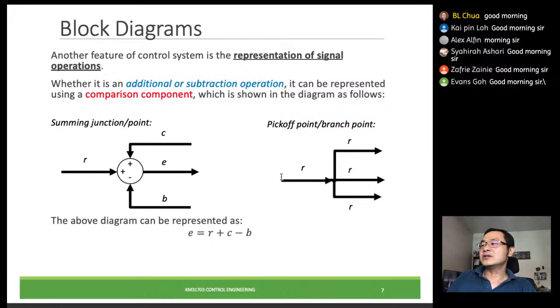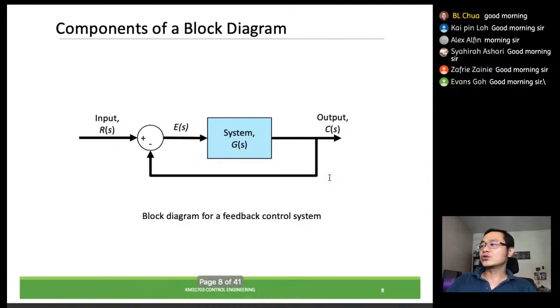So if the signal is R, then for sure what you receive at every single branch that you are going to tap into at this particular branch point should be the same. So R, you can see R everywhere is the same. Remember at this point we don't do any operations, we don't do plus or minus. We just use this signal, we branch it into different roads. That's all.